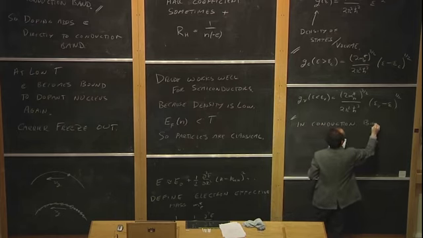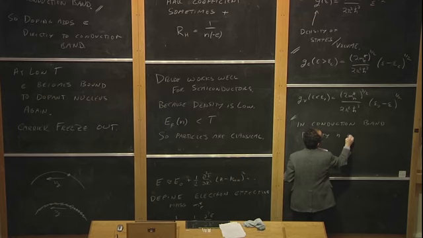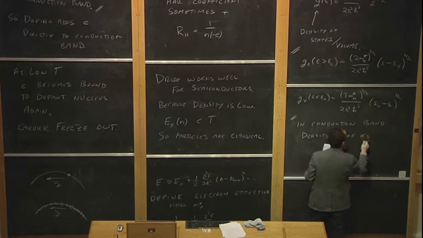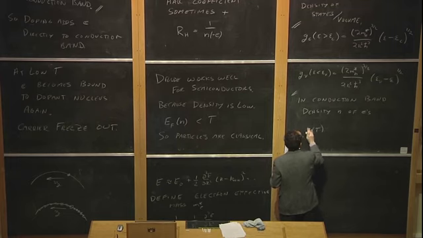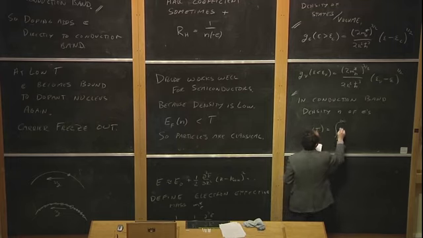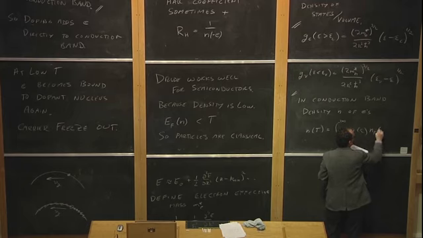So then we can write, in the conduction band, we just use our statistical mechanics. The density n of electrons as a function of T equals the integral from the bottom of the conduction band up to energy infinity, d energy, density of states as a function of energy, and the Fermi factor, beta (energy minus mu).